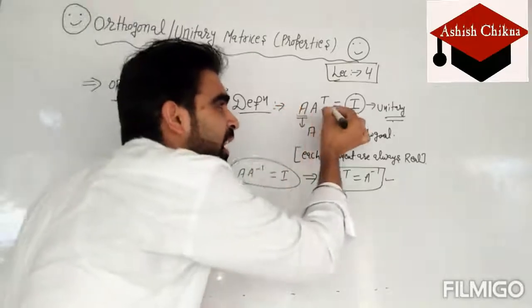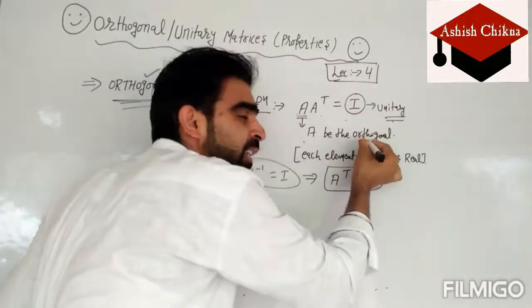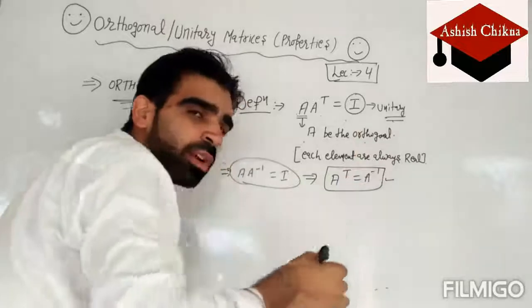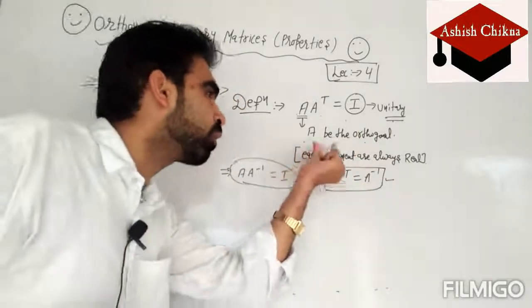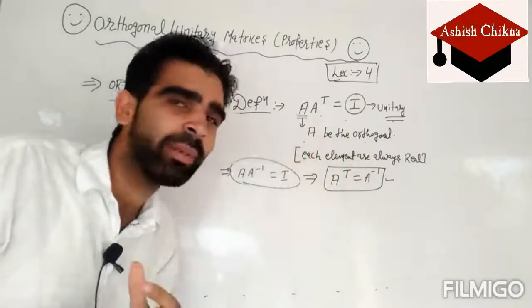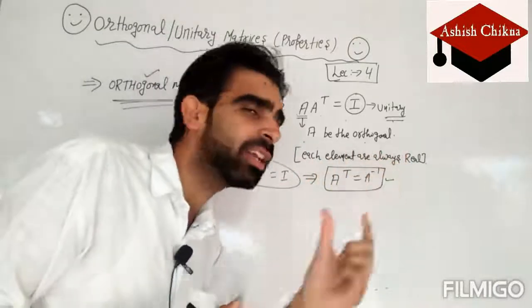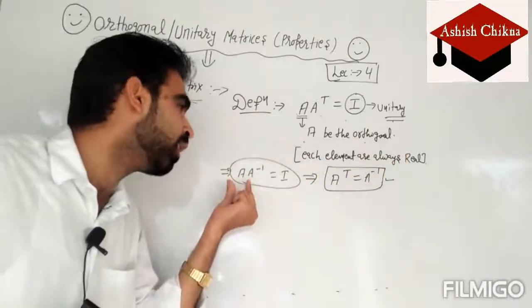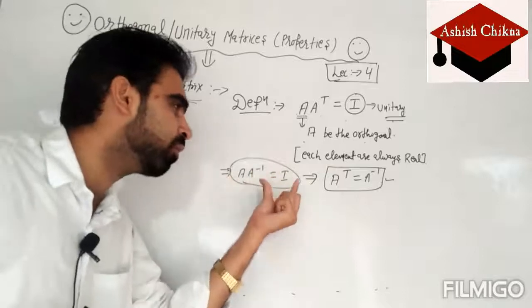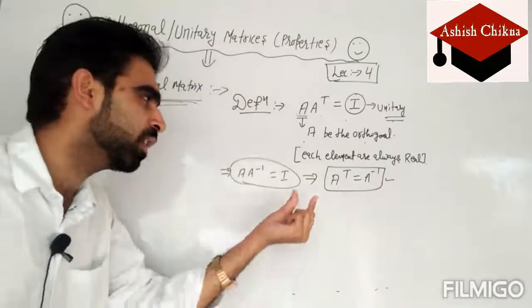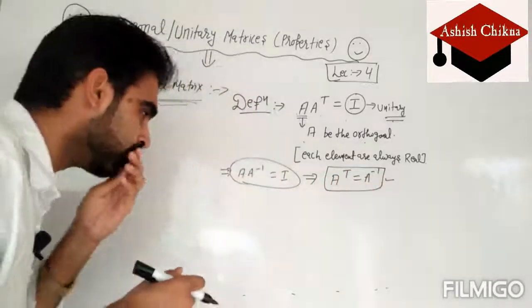So if A transpose A is equal to I, A is an orthogonal matrix, and every element of A is always in real form. Now A inverse A is equal to I, and A transpose is equal to A inverse.